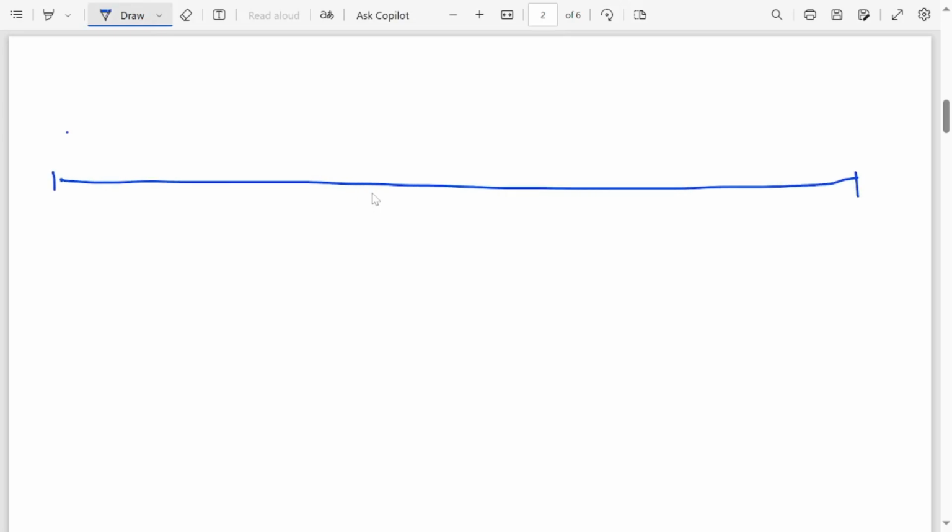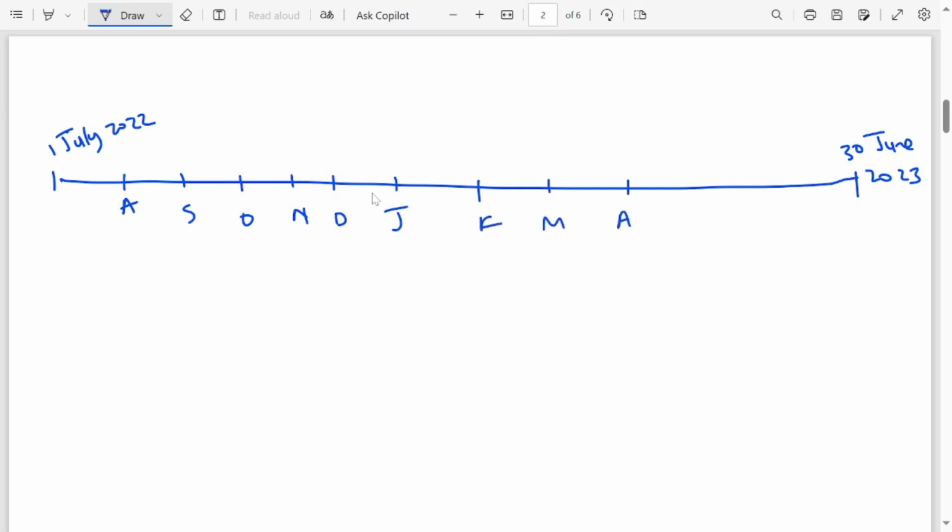The year starts on 1 July 2022. It ends on 3rd June 2023. Right? So July, August, September, October, November, December, January, February, March, April, May, June.